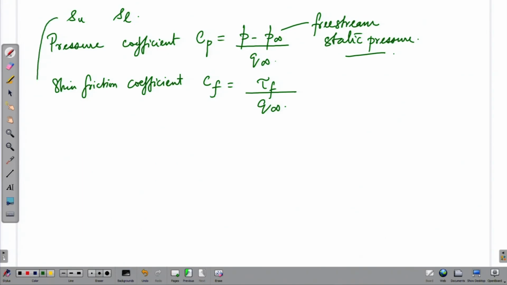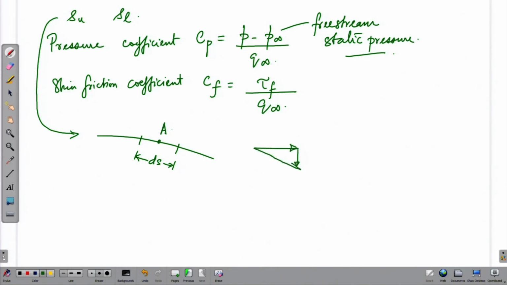As I was saying, instead of SU and SL, this time we are going to take a different means by which we represent the forces by bringing in the dx and dy instead of ds.